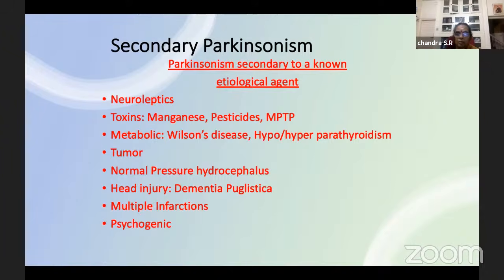Muhammad Ali developed Parkinsonism, punch drunk syndrome or dementia pugilistica. Then multi-infarct Parkinsonism, which is lower body PD, and you can have excess or slow movement. And psychogenic, if the person has seen some patients, can imitate. So you should not forget psychogenic movement disorders. All kinds of bizarre movements can be organic. Many psychiatric patients get labeled as organic, and organic patients get labeled as psychiatric. So psychogenic is very common in movement disorders.